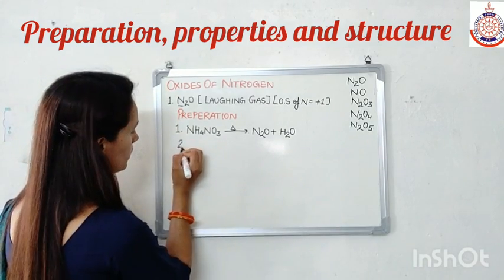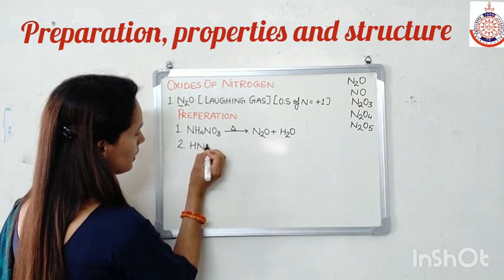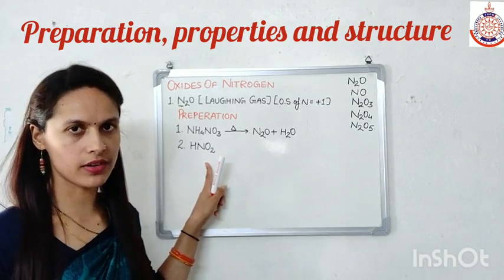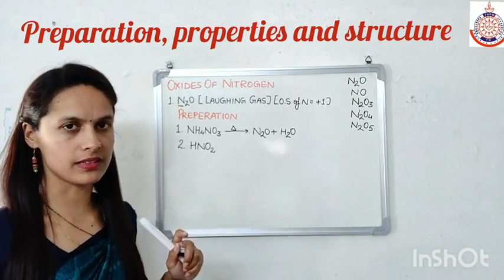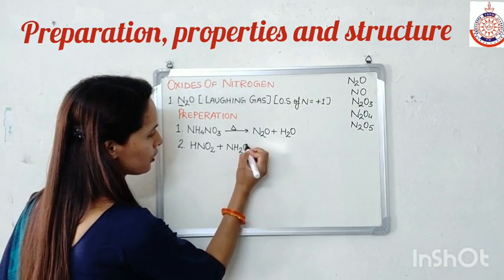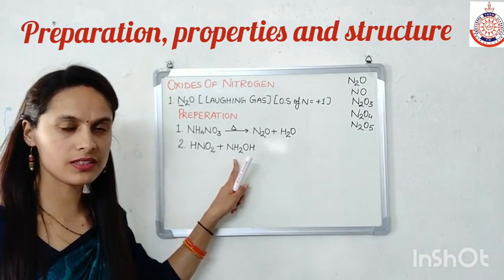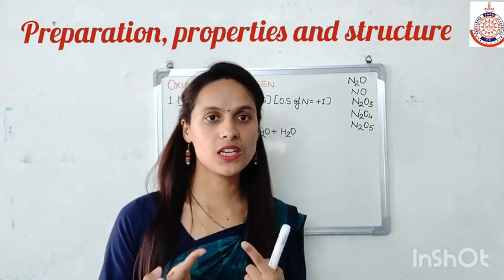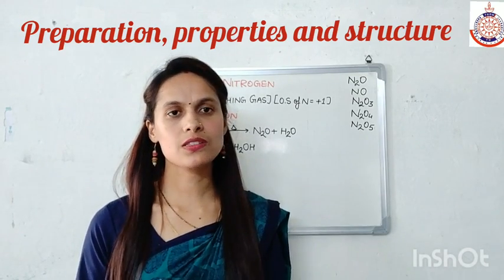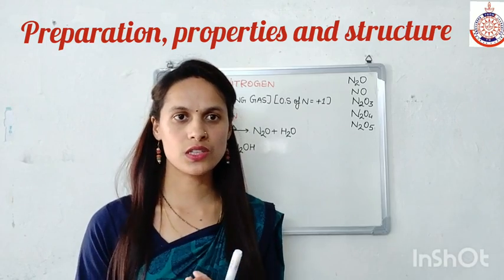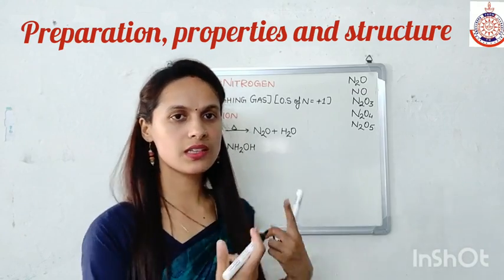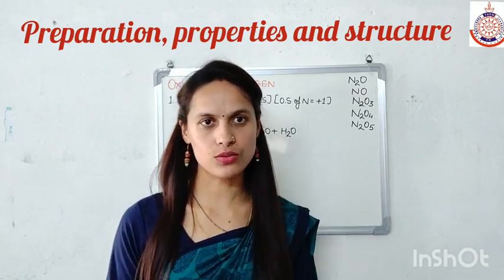Now second method, I'll use nitrous acid. This one is nitrous acid. HNO3 is nitric acid and HNO2 is nitrous acid. So when nitrous acid reacts with hydroxylamine, NH2OH, this compound we have studied in the oxidation state, where we studied that beside -3 oxidation state, nitrogen also shows 2 minus oxidation states, one is -2, another one is -1. -2 is hydroxylamine and -1 is hydrazoic acid.